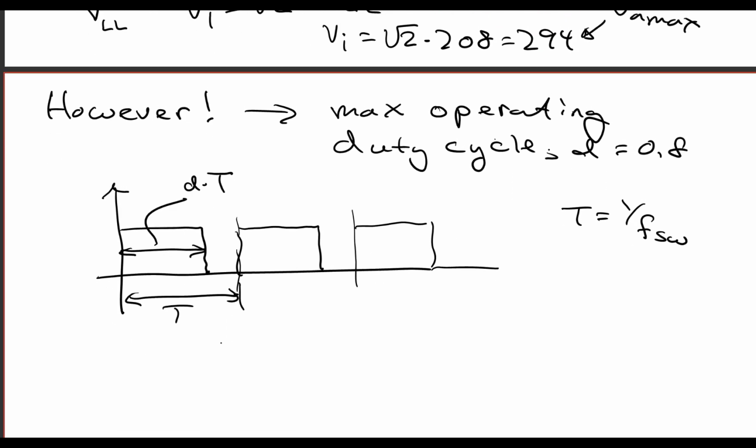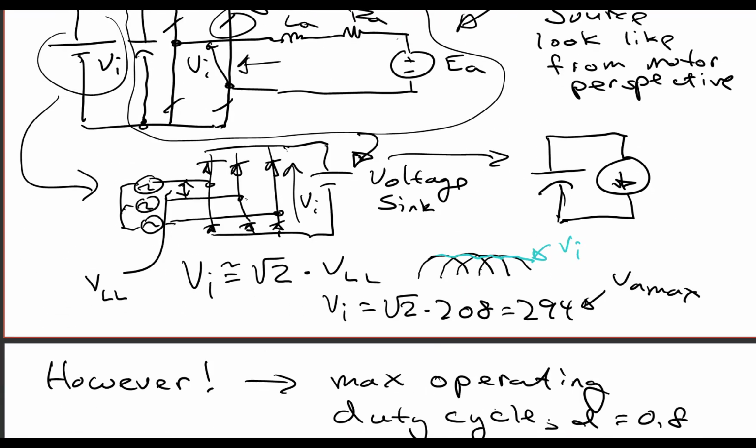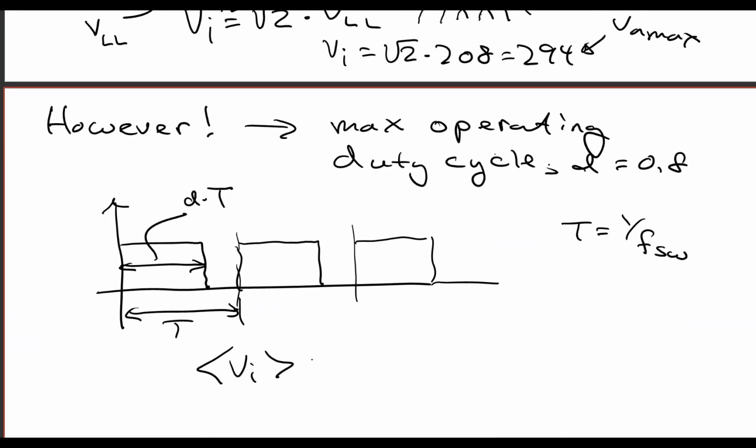So we know that we're after the average voltage of V sub I. That's the voltage applied to the motor. That becomes V sub A. So that is going to be 1 over the period T, integral 0 to T. Actually, I think maybe in my notes I made this a little bit not exact.